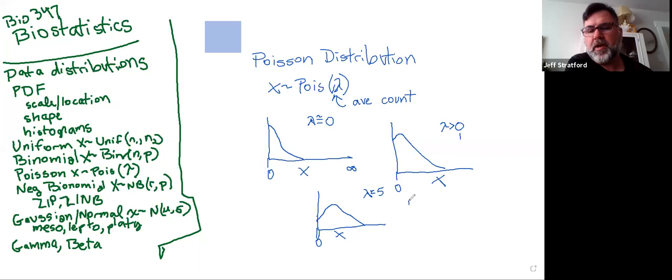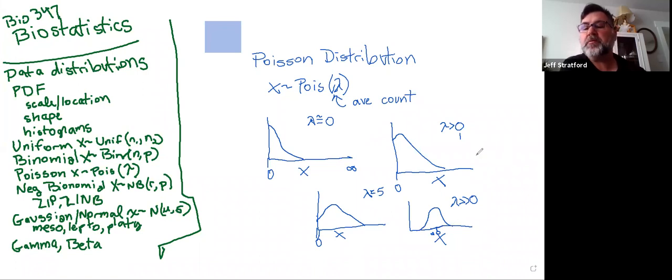And now what happens is as your mean moves across, let's just say lambda is going to be much greater than 0, so 20. What you'll get is a distribution that looks like this. So here's 20, and you'll get something like 10 over here and 30 over here.